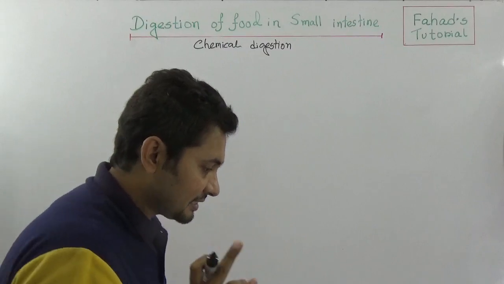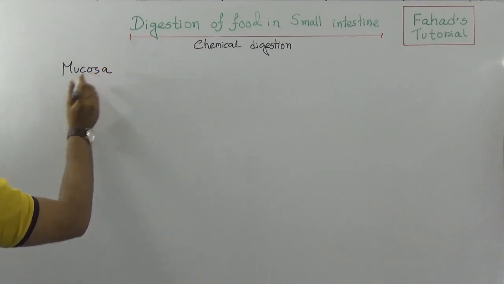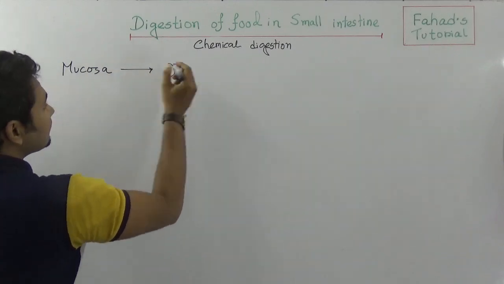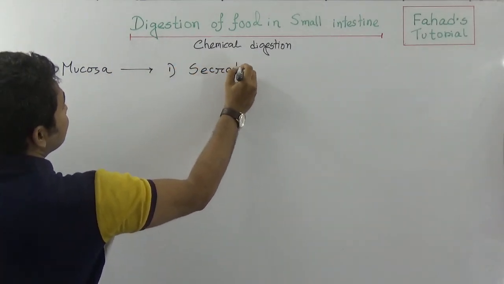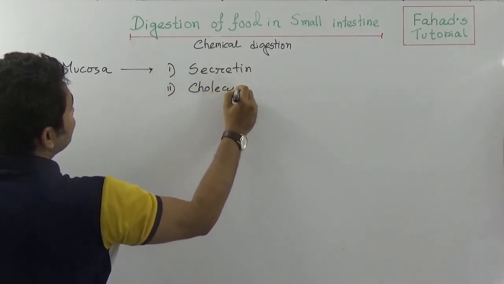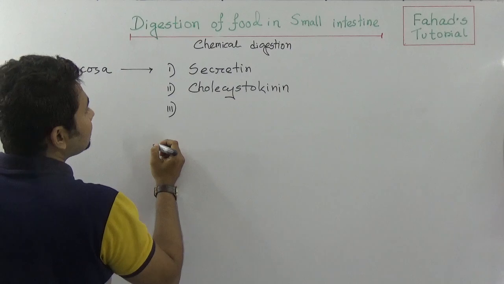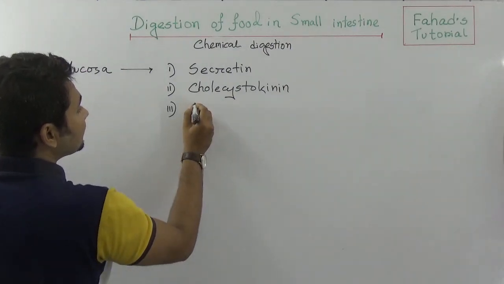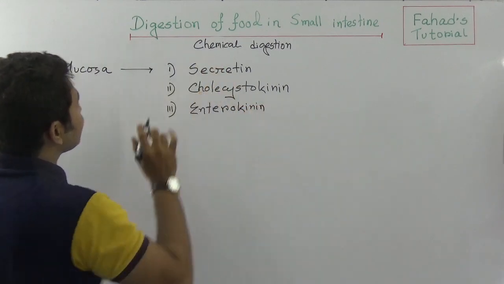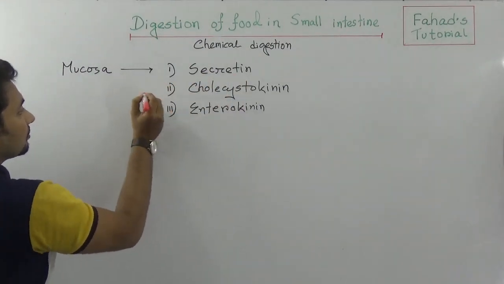But previously, the mucosa of the intestine secretes some hormones: number 1, secretin, number 2, cholecystokinin, and enterokinin. These are hormones secreted by the mucosa of the intestine.